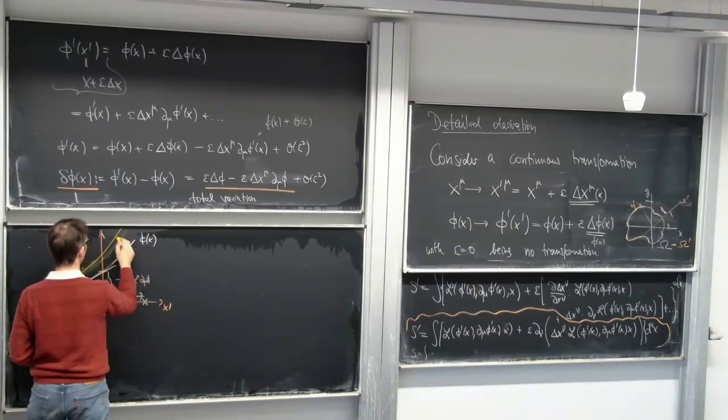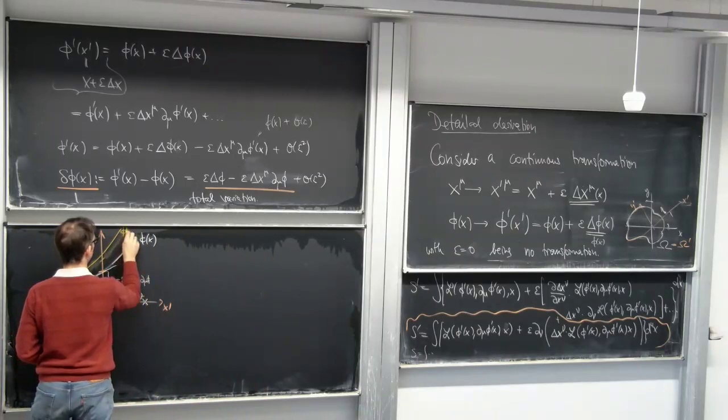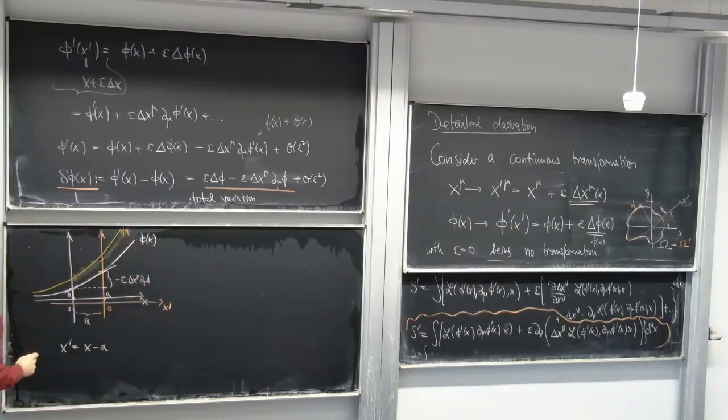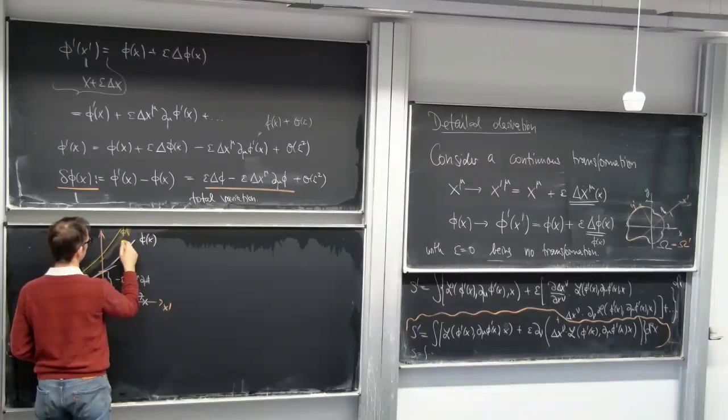Now this is my new field, phi prime at x, or x prime, depending on where you want to look at it.